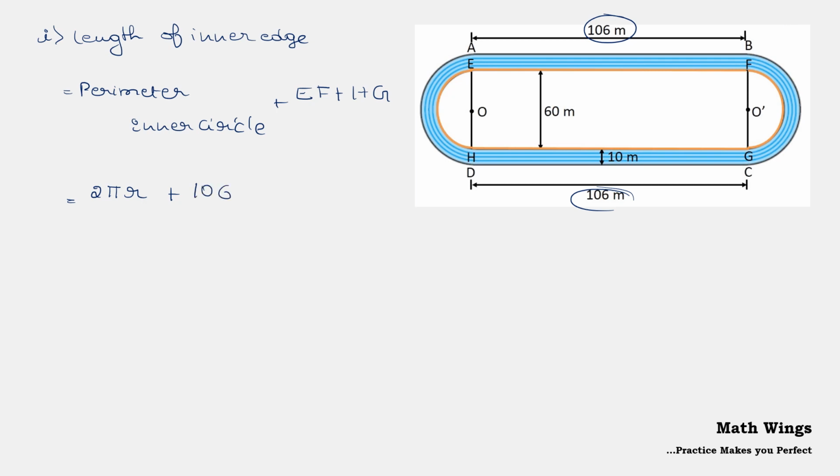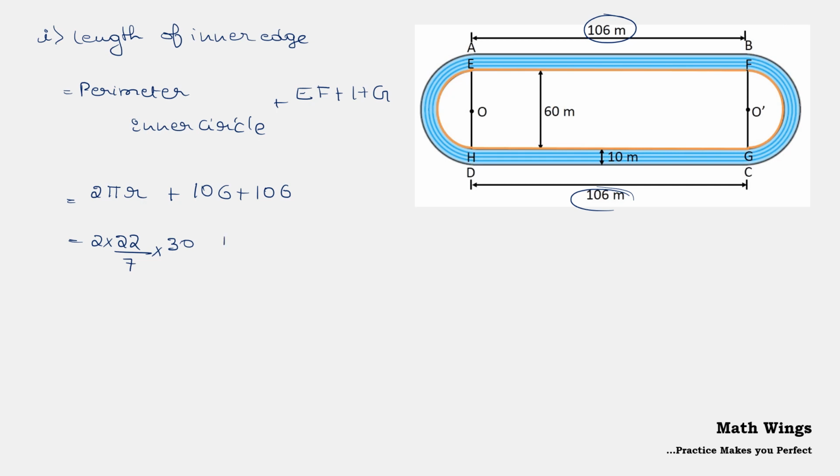So 106 plus 106. Now we have not been asked to take any value for pi, so we can keep it as 22 by 7 into, what's the radius of the inner circle here? The radius of the inner circle is 30 meters.